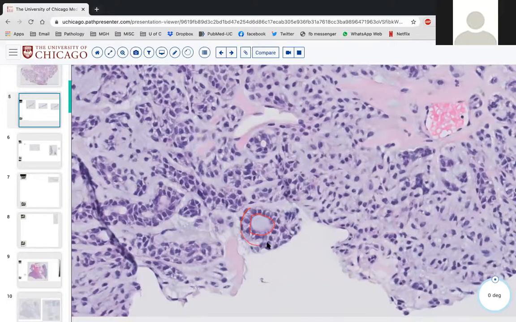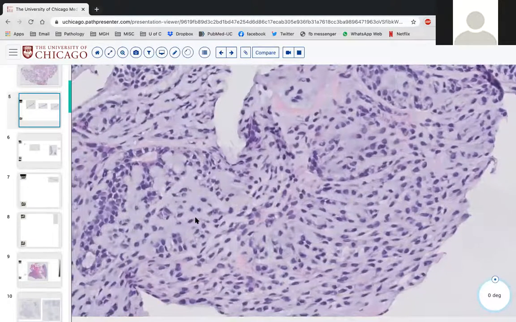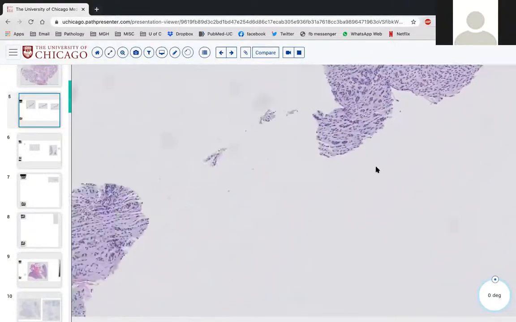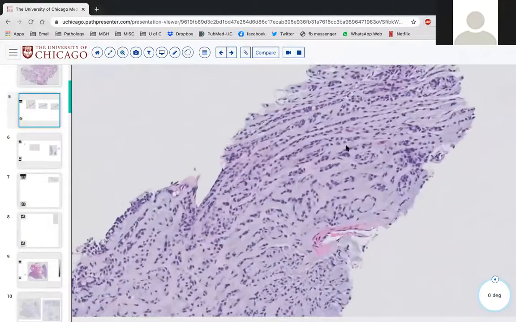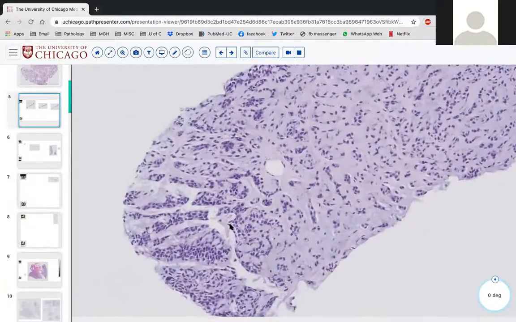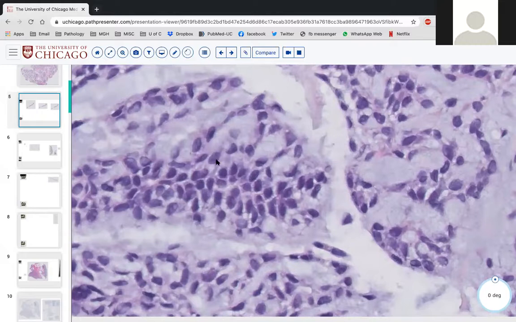You can cross that out of the list. Other things I was thinking of was maybe an adenoid cystic, just because of how rigid these ductules were. But this one is a little less clear cut than the one we had prior in terms of whether it's low grade or high grade. The nuclei overall look low grade to me. They don't look mitotically active or too pleomorphic.